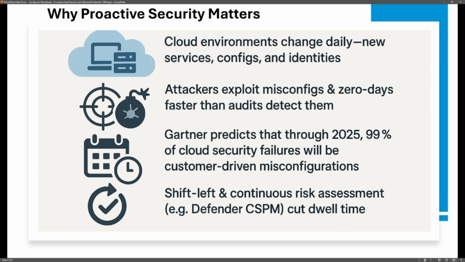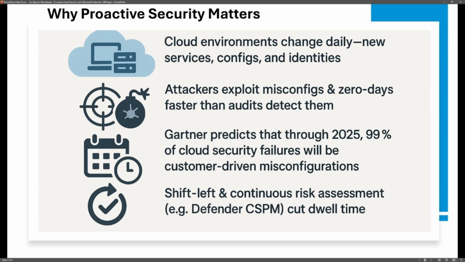Gartner made some stark predictions, saying that through 2025, this year, more than 90% of cloud security failures will be the customer's fault, due to human error or misconfigurations. This is basically what we're mainly seeing: misconfiguration and privilege mistakes.